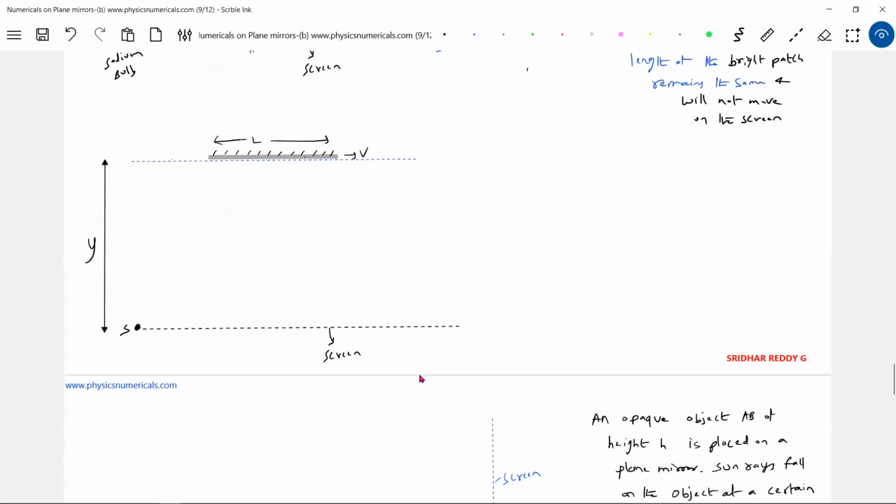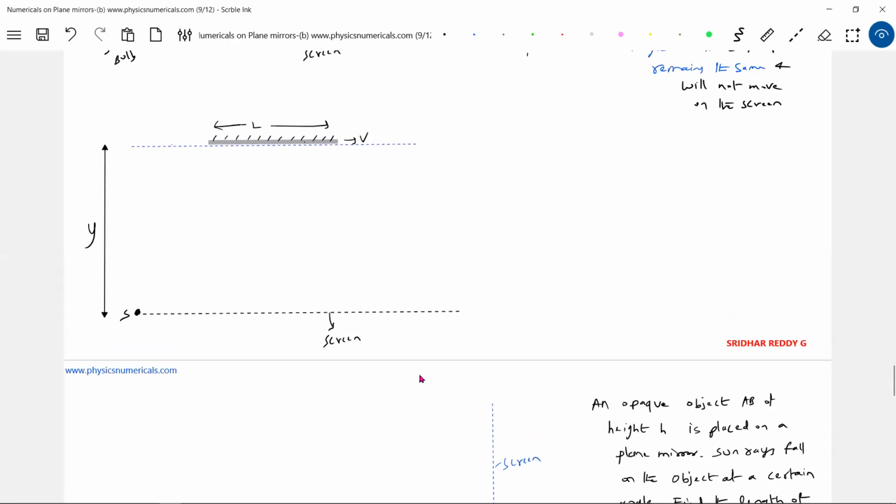Look at this. Now let L be the length of the mirror and it is moved with uniform velocity. The mirror is moved with a velocity.